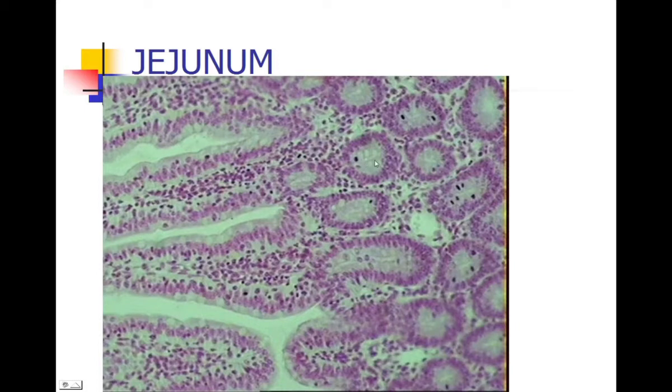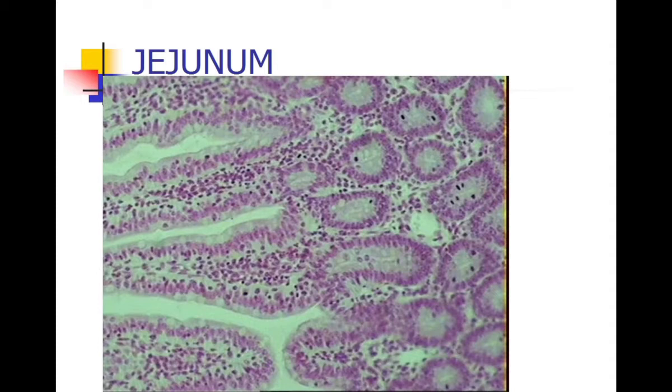These are the crypts of Lieberkühn in the lamina propria. So this is only the mucosa of the jejunum. The mucosa of the jejunum has got long finger-like projections, and there is nothing in the submucosa. No Peyer's patch, no Brunner's glands, only the submucosa consists of a broad zone of dense irregular connective tissue.